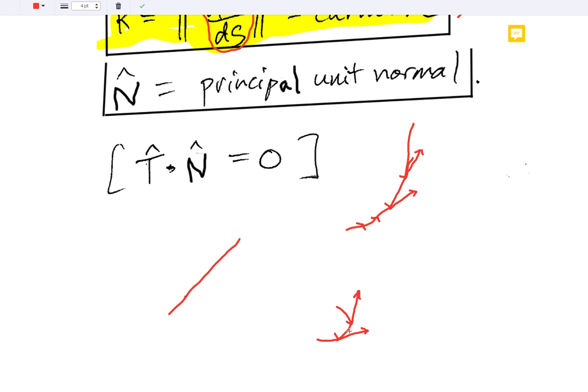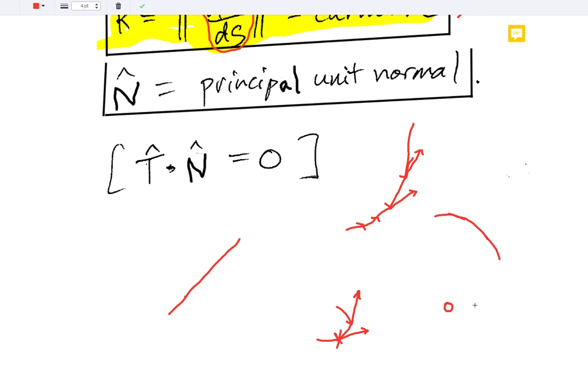So the curvature at this particular point is large. A tiny little circle is going to have a very great curvature, but this is part of a very big circle, which is going to have a very small curvature.